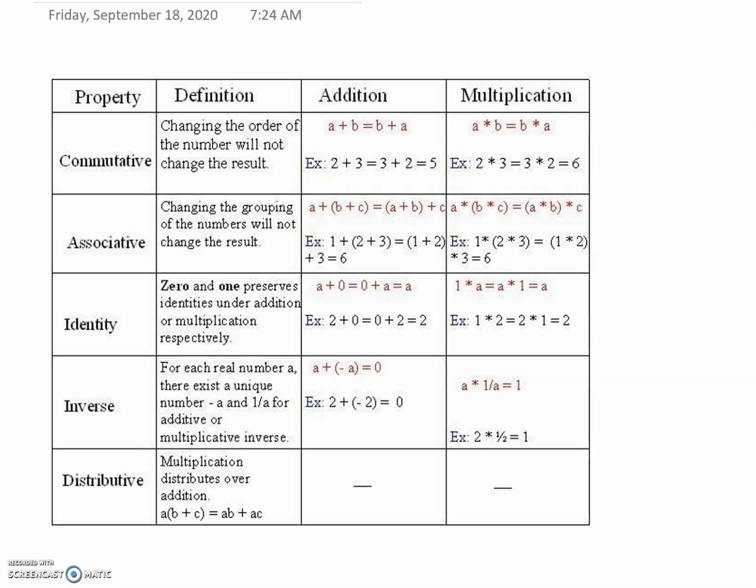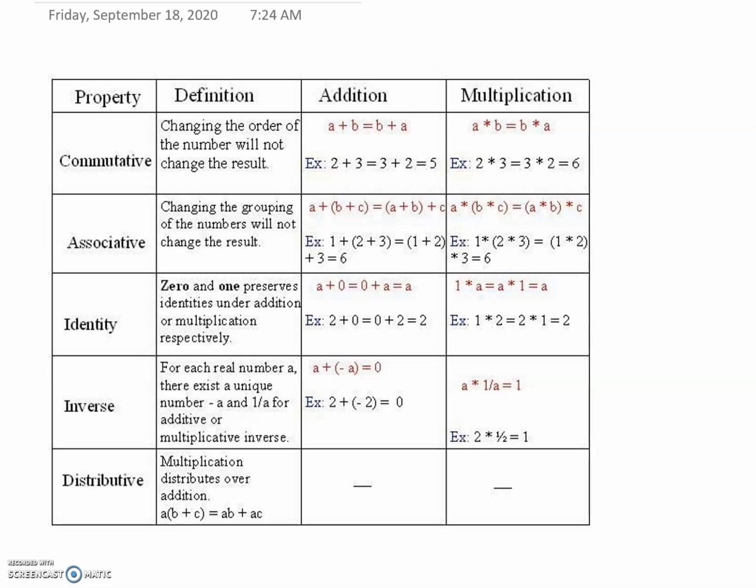Okay, so this picture that you're seeing right now shows the properties of real numbers, and that's what we are going to talk about in this class. We're going to look at just a few of them because we haven't talked about all of these properties yet.